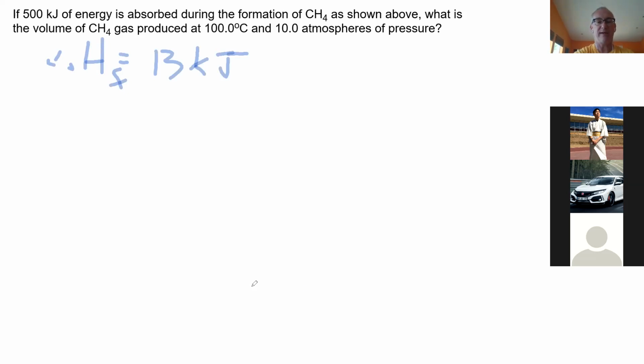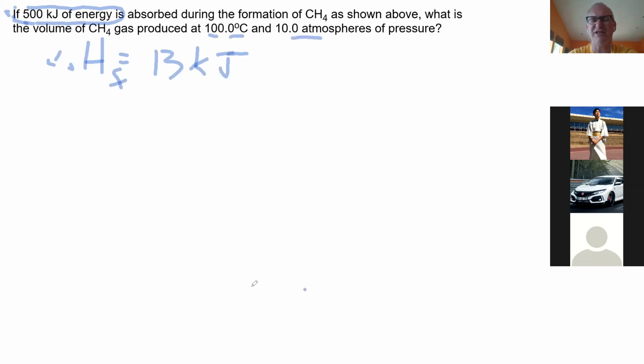We use that information to figure out what amount of gas is produced. In this instance, 500 kilojoules of energy is absorbed in this reaction as we made methane. How much methane did we make if the temperature is 100 degrees and the pressure is 10 atmospheres?